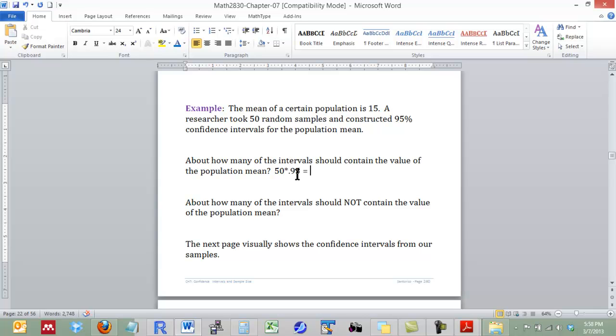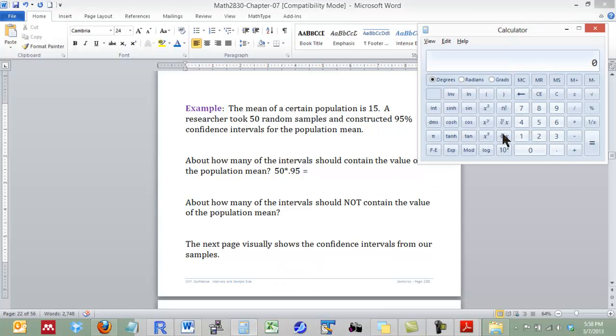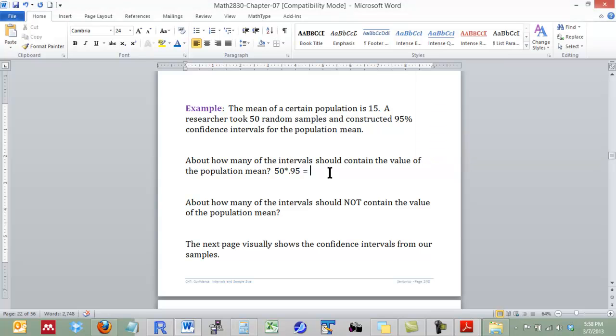You want to use your calculator. That's 47.5, so between 47 and 48 of those intervals should contain 15. And what does that mean about how many should not? That means that 2 to 3 of the intervals will not contain the actual mean. So it's this process that we're talking about.